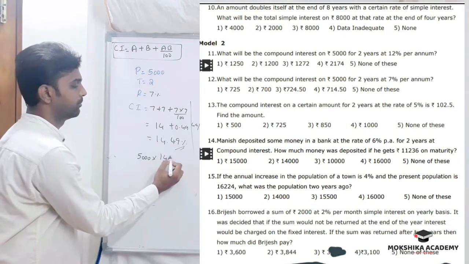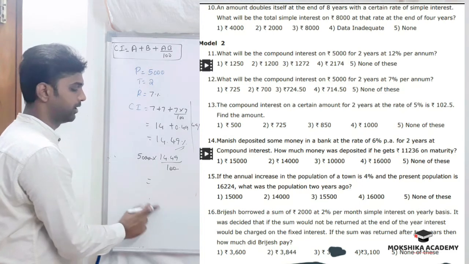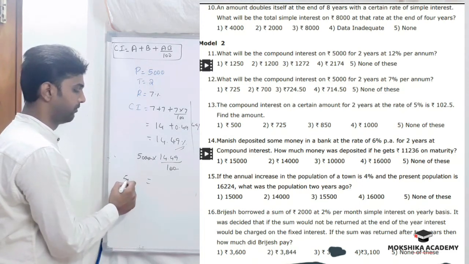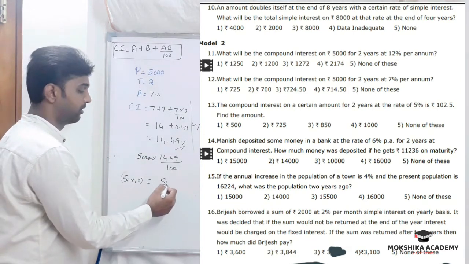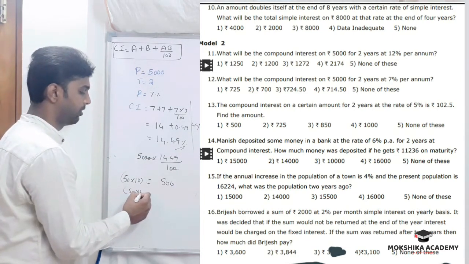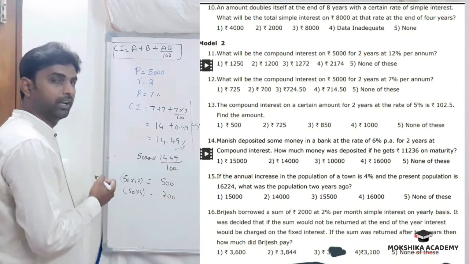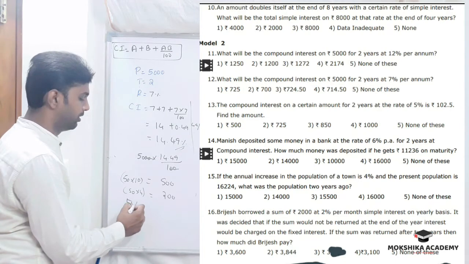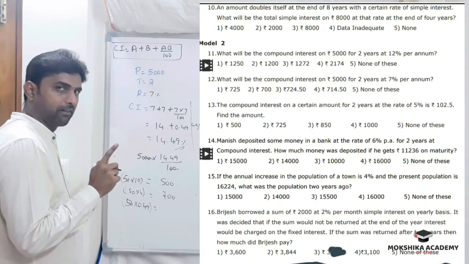So again do the same thing. 5,000 into 14.49 by 100. The 0s will get cancelled. First you multiply 50 into 14. 50 into 10 is 500. Again 50 into 4 is 200. Then we need 50 into 0.49. Now look, student, what is 1%? It is 5.